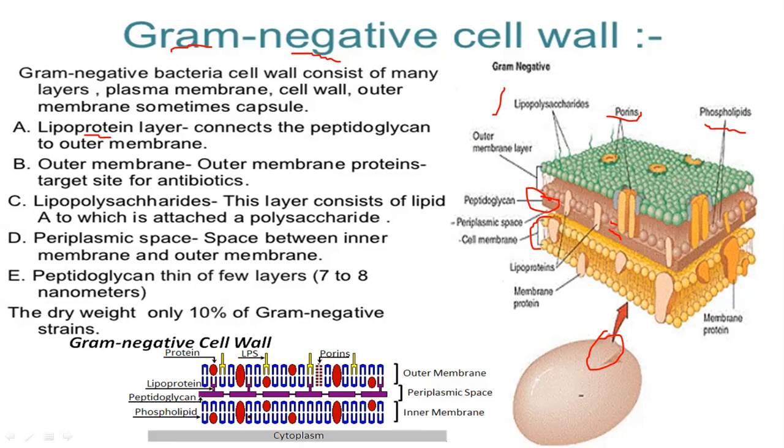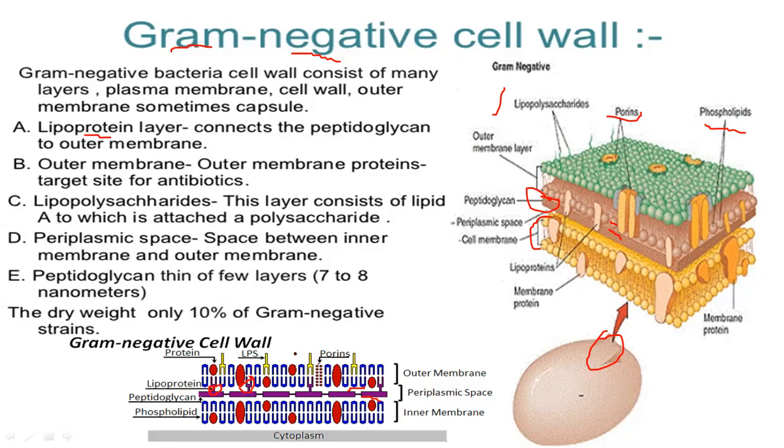First, phospholipid, that is the first layer, the cell membrane. Then there is the peptidoglycan layer, that purplish one. You can see here the periplasmic space, and here also the periplasmic space, where the plasma-like fluid is. Then these are lipoproteins, which connect the peptidoglycan and the outer membrane.